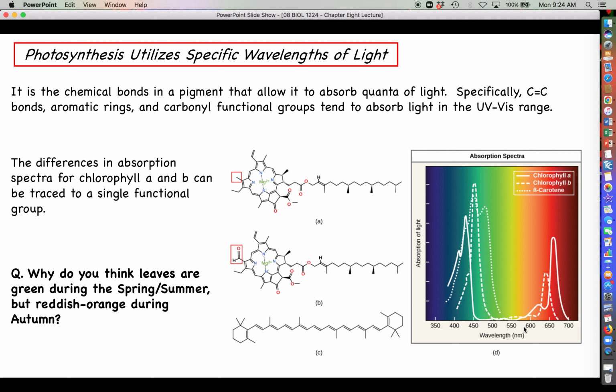And then, of course, the carotenoid pigment that you see right here looks very different, but it does contain a lot of carbon-carbon double bonds, which is one of the features that is good at absorbing light.